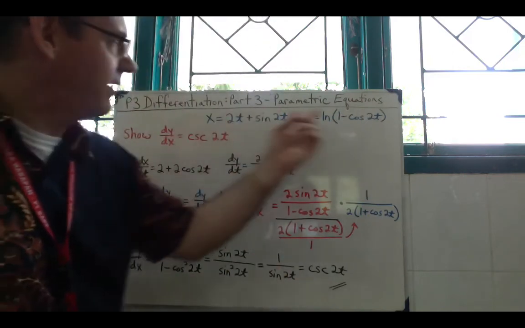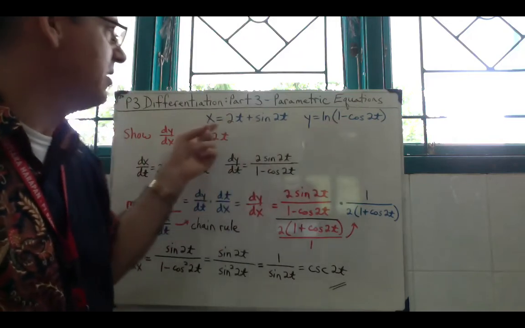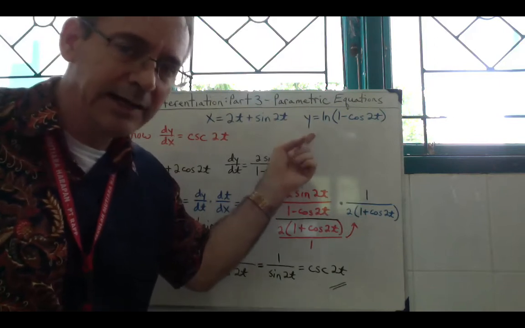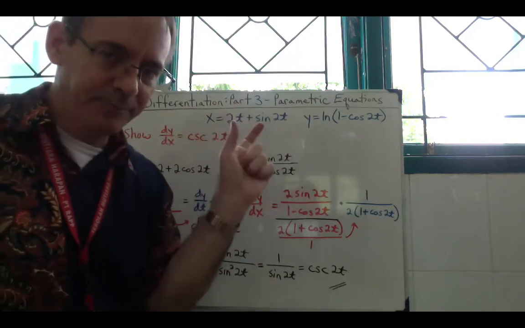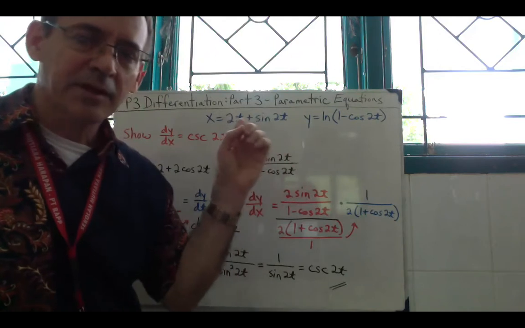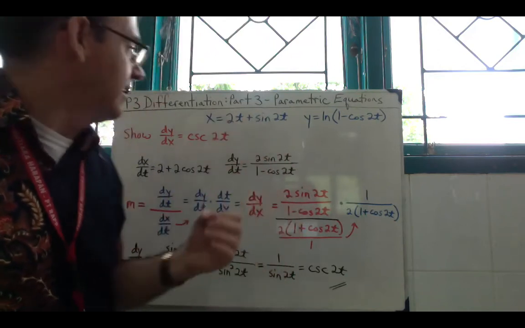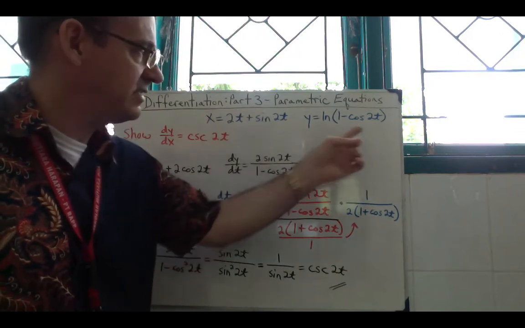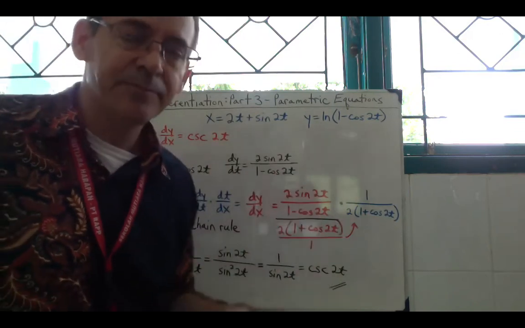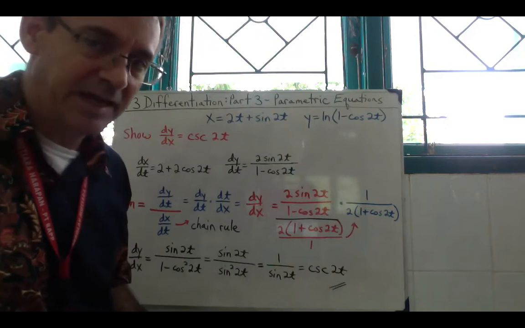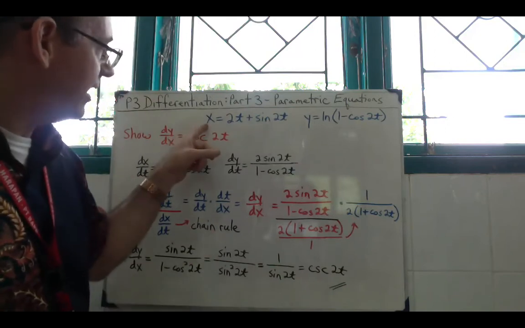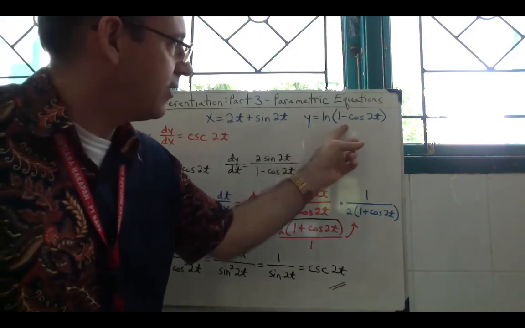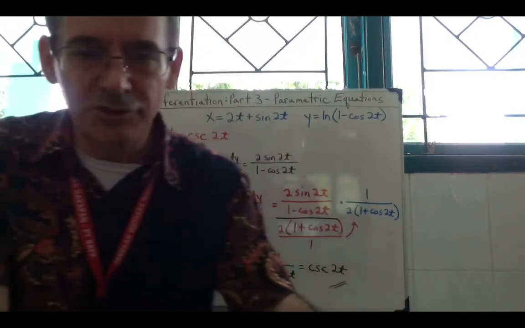Up here we have two equations, one for the value of x, one for the value of y. Again, your x and y create a coordinate on your graph, but they're measured now with the variable t, which could represent time. So you have x equals 2t plus sine 2t and y equals ln of 1 minus cosine 2t.